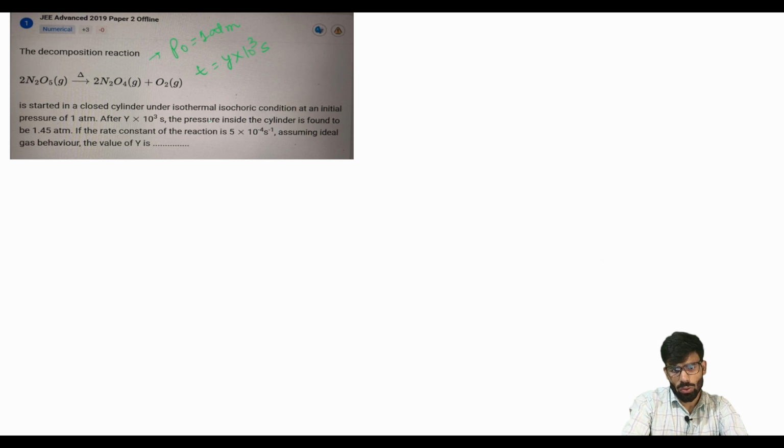And the total pressure inside the cylinder, I will write PT, is 1.45 atm. The rate constant is given as K equal to 5 into 10 power minus 4 second inverse. Assuming ideal gas behavior, the value of Y is.